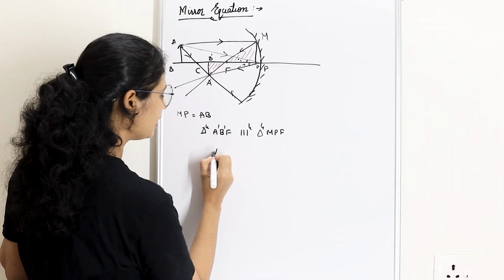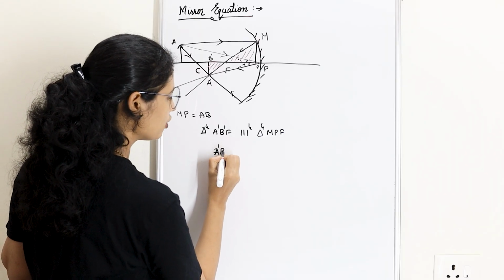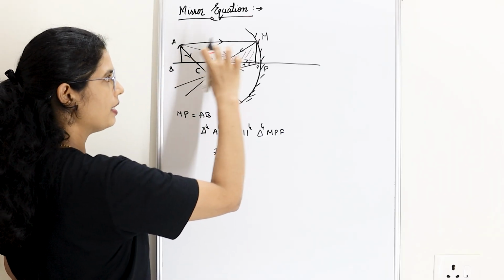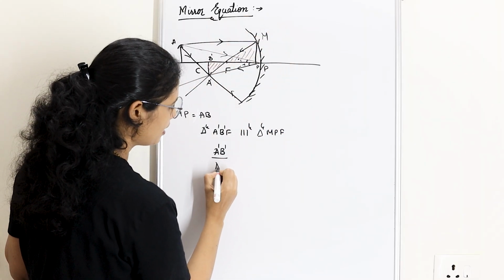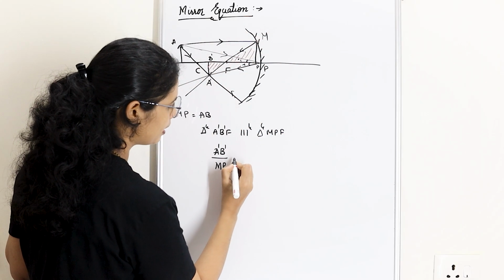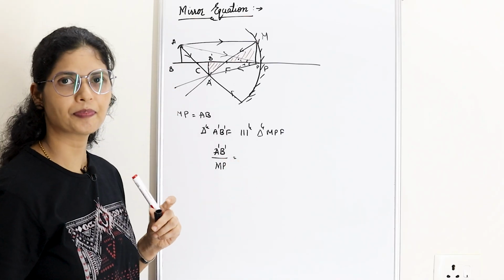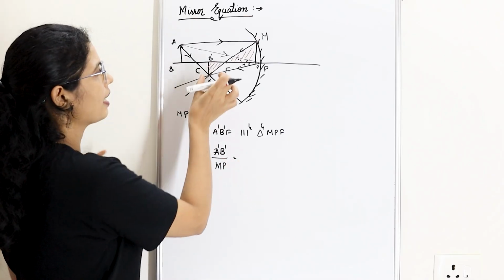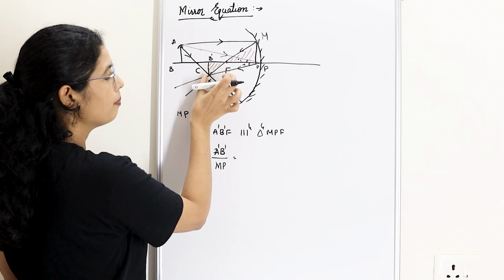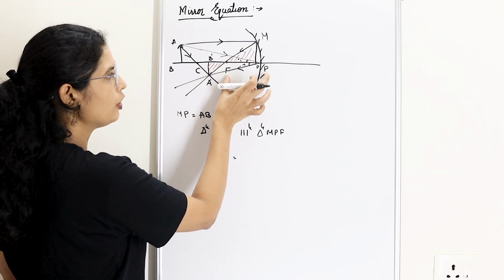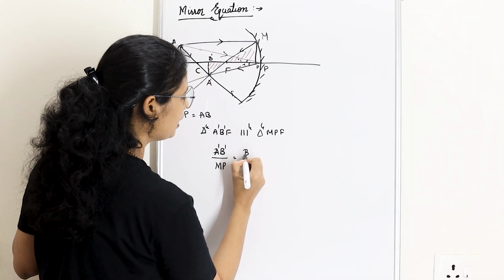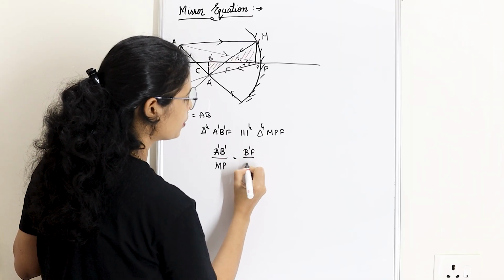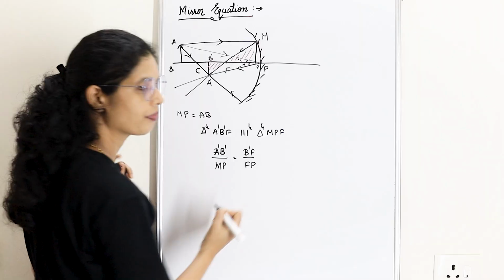Can we take the side A dash B dash equal to MP? Yes. So I'll write it as A dash B dash divided by MP. Similarly, one more side, B dash F is similar to the side FP.